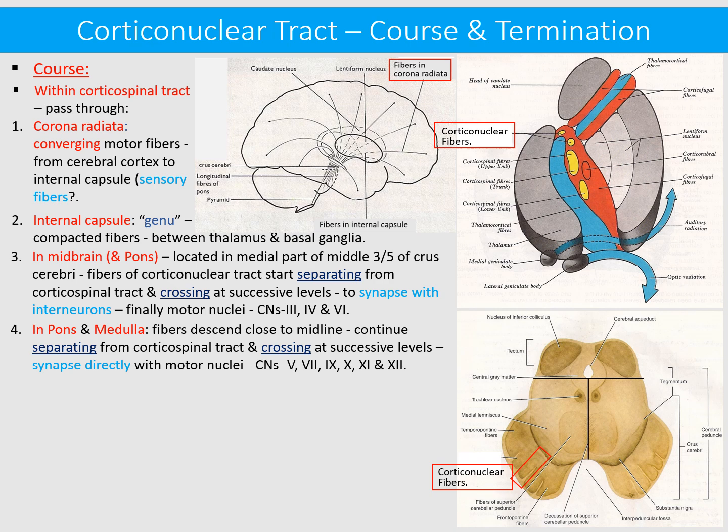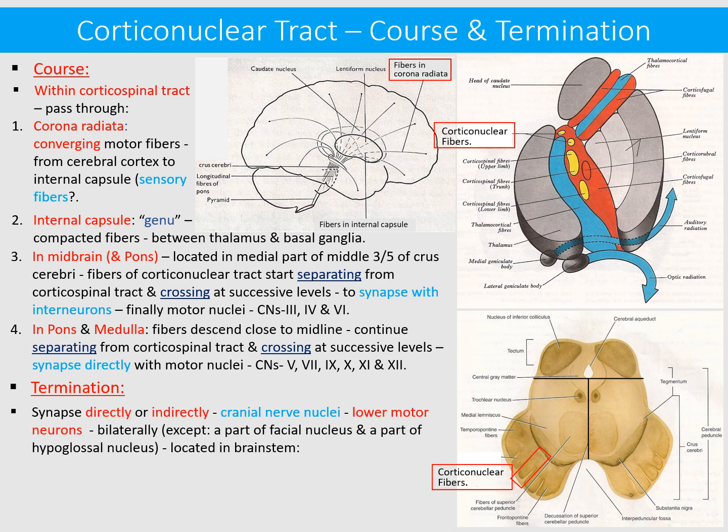Fourth, in pons and medulla, fibers descend close to the midline and continue separating from the corticospinal tract and crossing at successive levels. They synapse directly with the motor nuclei of the cranial nerves 5th, 7th, 9th, 10th, 11th, and 12th.